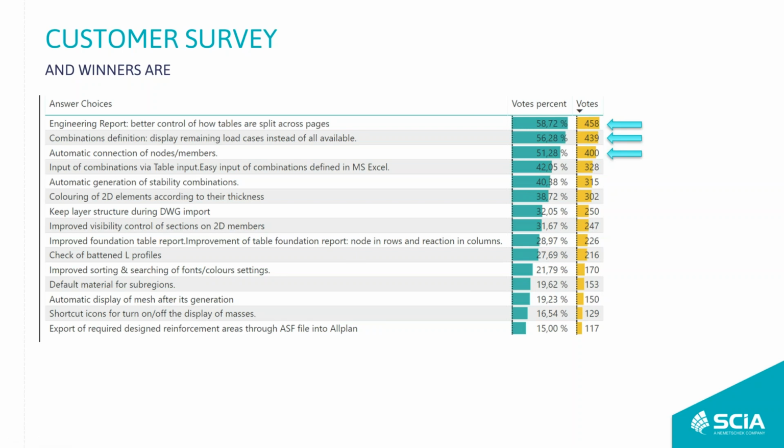So we spent also some time on enhancements, and on the last row you can see the export of required design reinforcement into the ISF file, that was mentioned by me during the quick introduction for the concrete enhancement for 2D, and more will be shown during the presentation of Marwan on a dedicated webinar.